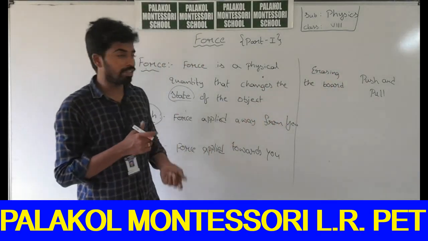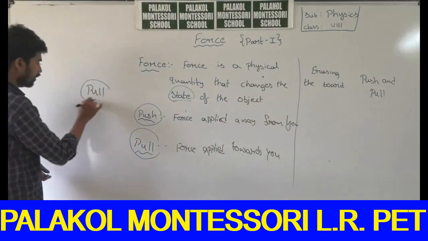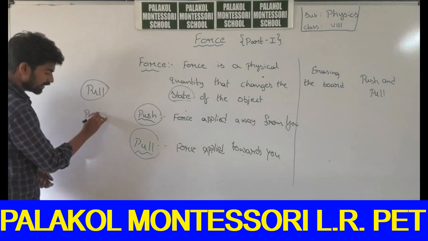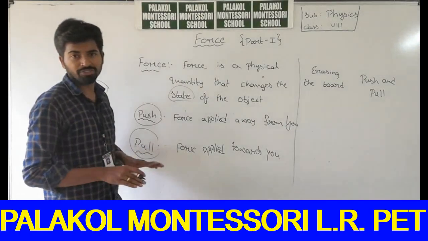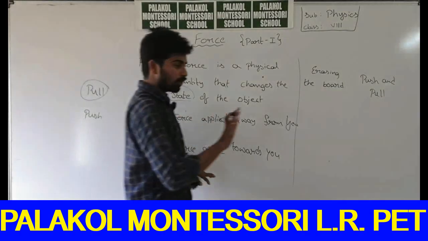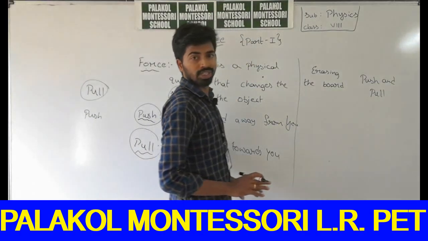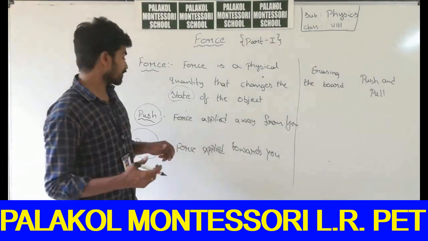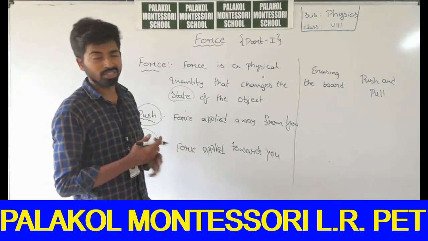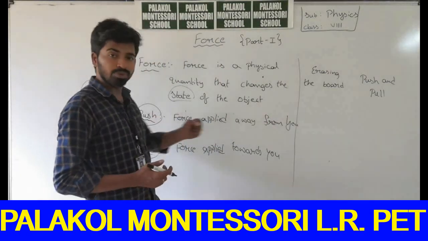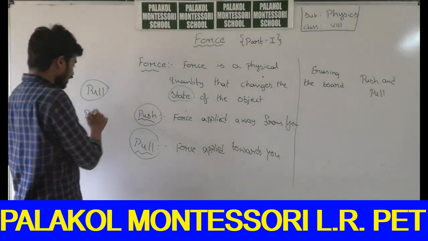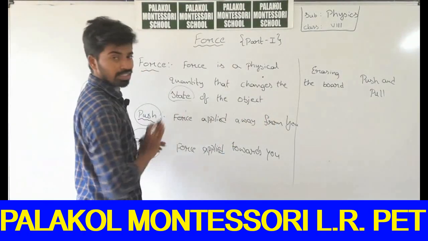On some doors you will find these two words, pull and push. If it is written as push, you need to apply force away from you. If it is written as pull, you need to apply force towards you. Towards you is pull and away from you is push.